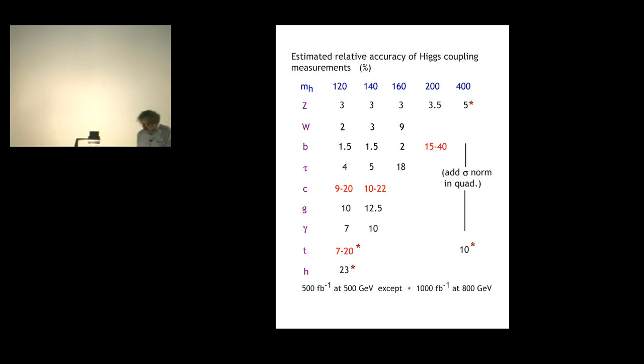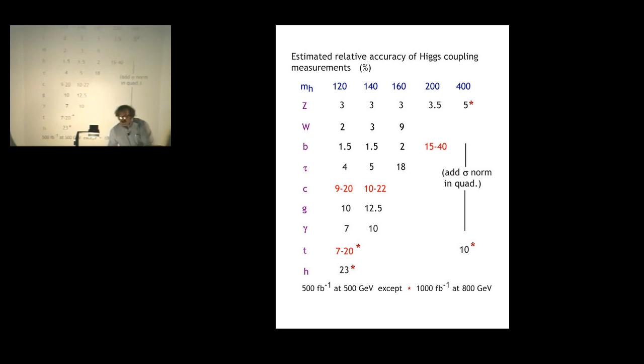So here is, I guess, the current estimates of the accuracy of Higgs coupling determinations as a function of the mass of the Higgs in this column and the coupling going down this side. These two lines have to do with the coupling determination from the cross-section for e+ e- to Z Higgs and W fusion production of Higgs. Then these down here are the branching ratio measurements, for which I guess you have to add in what I've given are the errors on branching ratios.